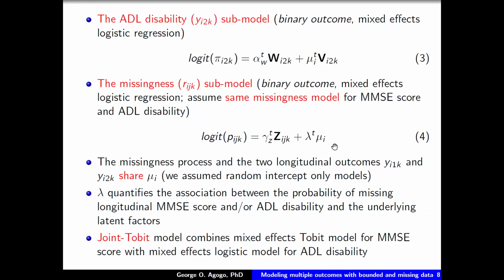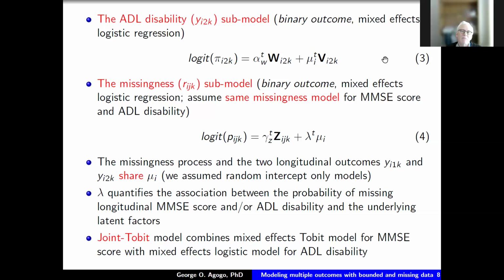So we are explicitly modeling the missingness here, because Terry, if we get rid of this third component, then basically we're assuming MAR, right?